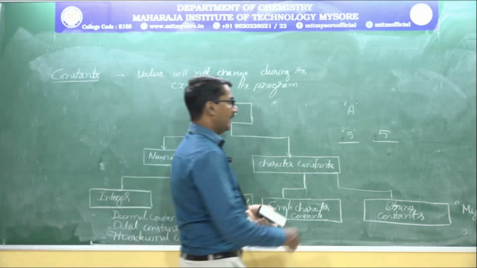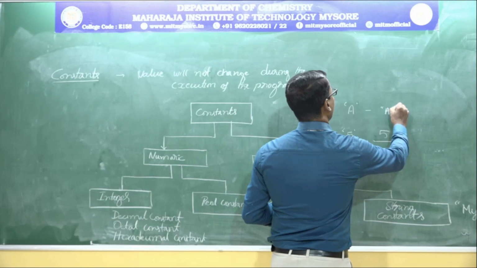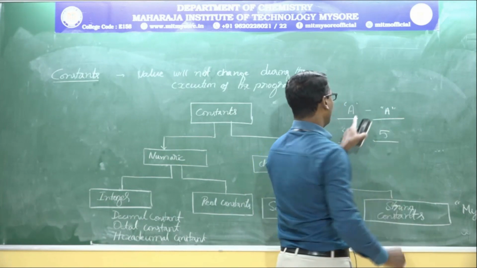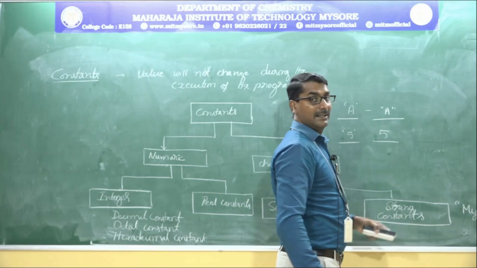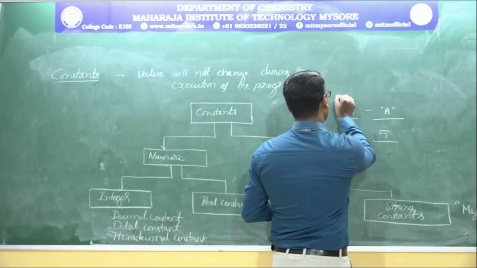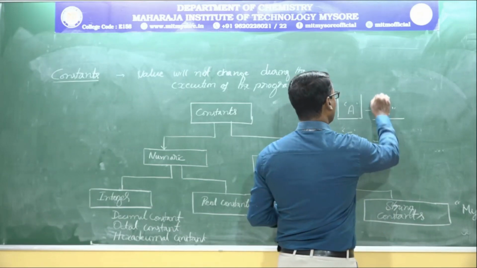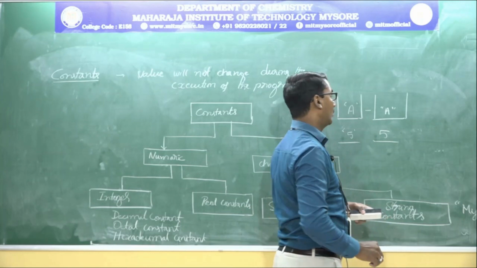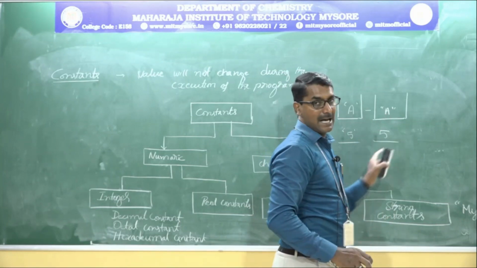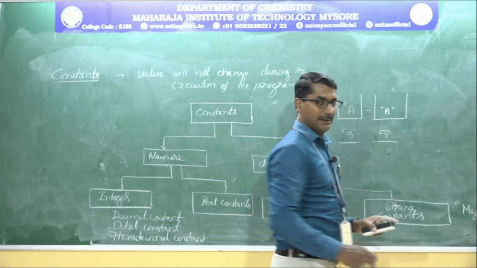One thing we need to observe here is that 'A' within single quotes and "A" within double quotes are different. This is considered as a character constant A and this is considered as a string constant, but the string contains only one character.